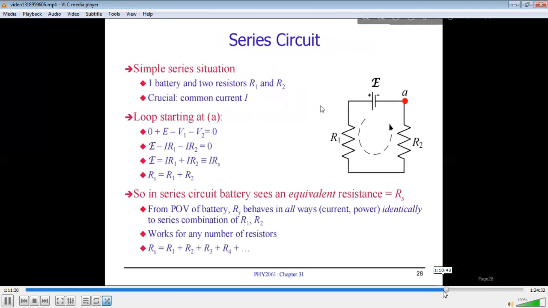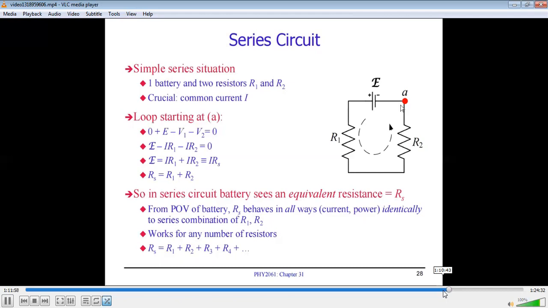Now the series circuit. In our previous lesson, we had series for cells, different cells, and combinations of parallel and series. Now a simple series situation: one battery, and two resistors R1 and R2 are connected, with a common current. The loop starts from point A, the red mark here.